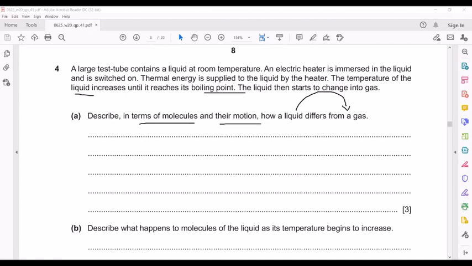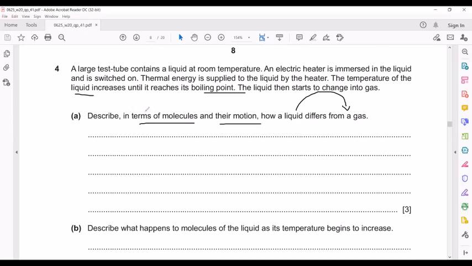And in liquids, the molecules are sliding past each other, but in gases, the molecules are free to move, and the particles are moving randomly at high speeds. Yes, you can use the term particle as well.